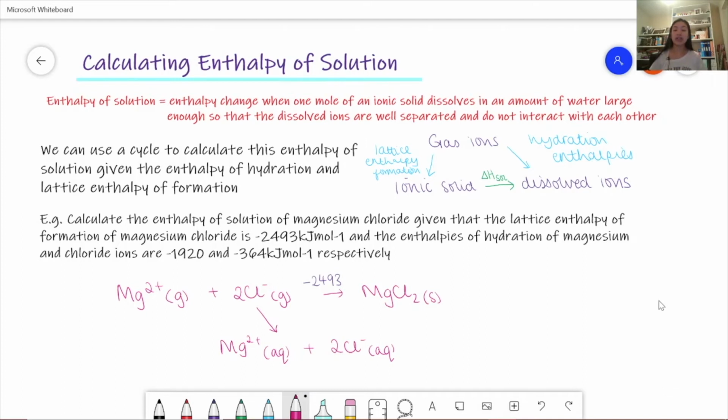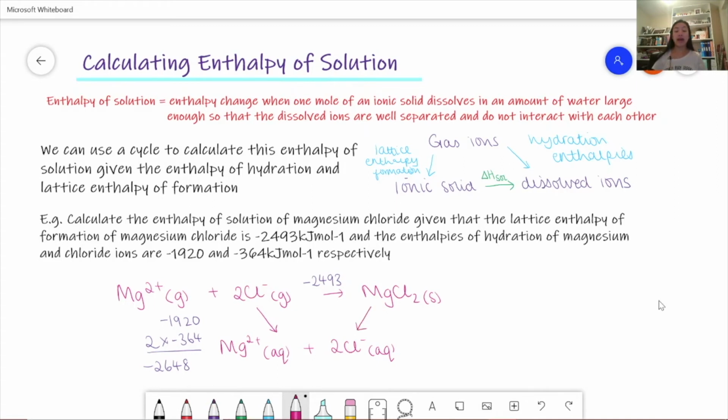And so the hydration enthalpy for the Mg2 plus is minus 1920. And the hydration enthalpy for chloride ions is minus 364, but we've got 2 of them, so we have to do 2 times minus 364. And so that totals up to minus 2,648 kilojoules per mole.